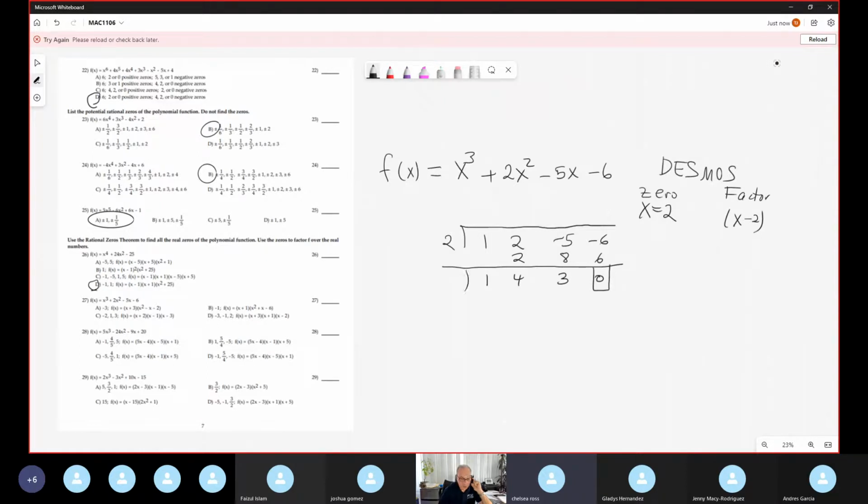I see also 1 and negative 3. I don't know why in my paper I select negative 3. But definitely you get everything when you finish. Bring down 1. The multiplication is negative 3. This is 1 positive. Multiplication is negative 3. 0 again.